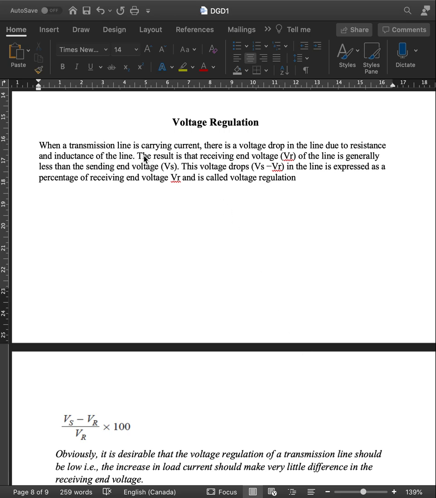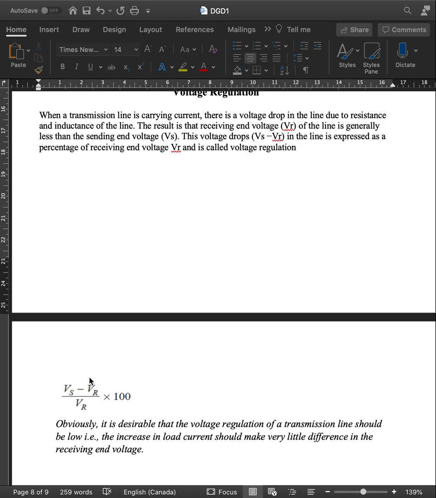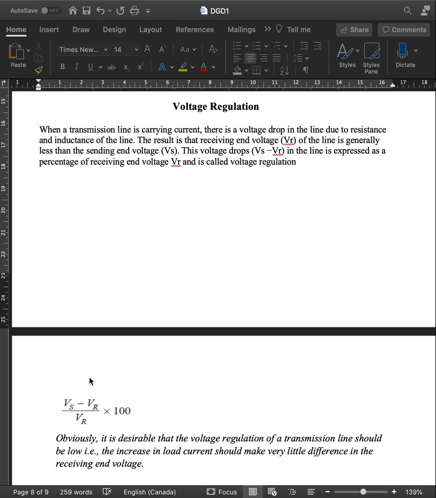The result is that the receiving end voltage is generally less than the sending end voltage. This voltage drop, Vs minus Vr, in the line is expressed as a percentage of the receiving end voltage and it's called voltage regulation. It can be expressed in the following way: Vs is the sending end voltage minus Vr the receiving voltage, which is always going to be lower, and we divide it by Vr to calculate the voltage regulation percentage.